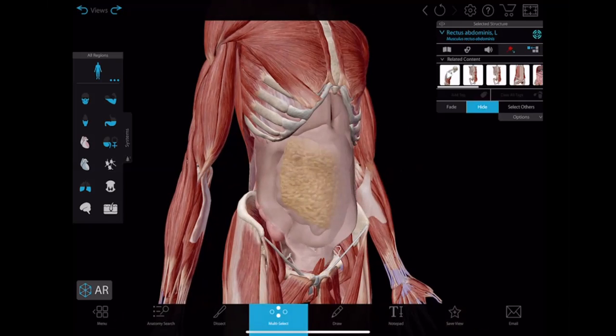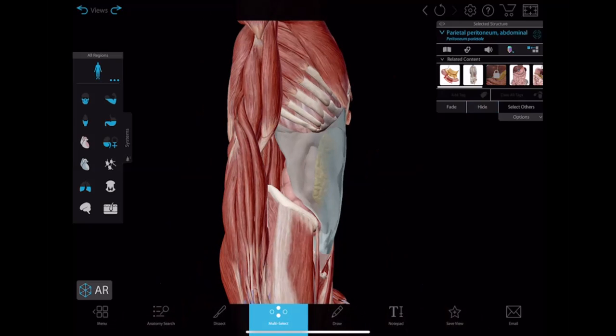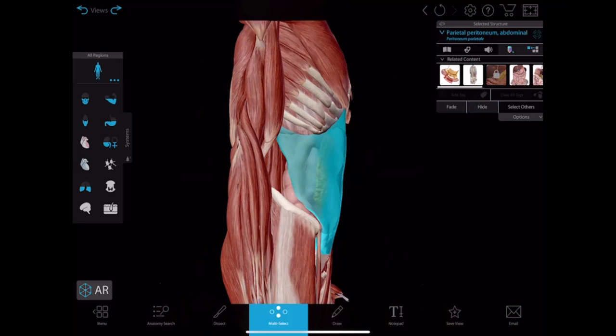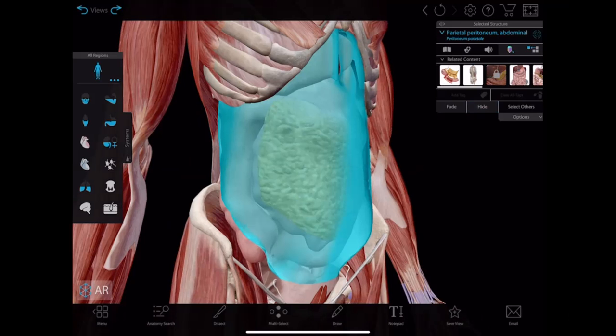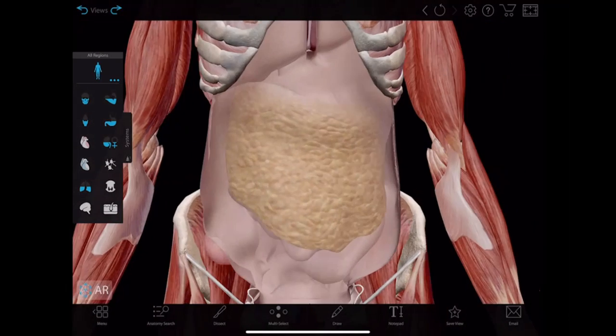So the selected structure, appearing blue, immediately below the abdominal muscles, is the peritoneum. So this is the peritoneum.